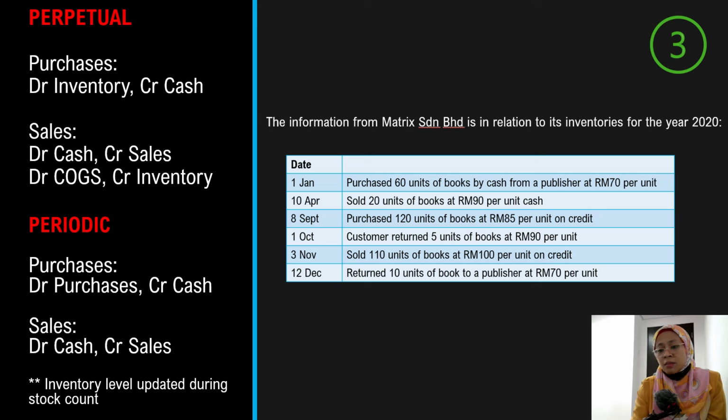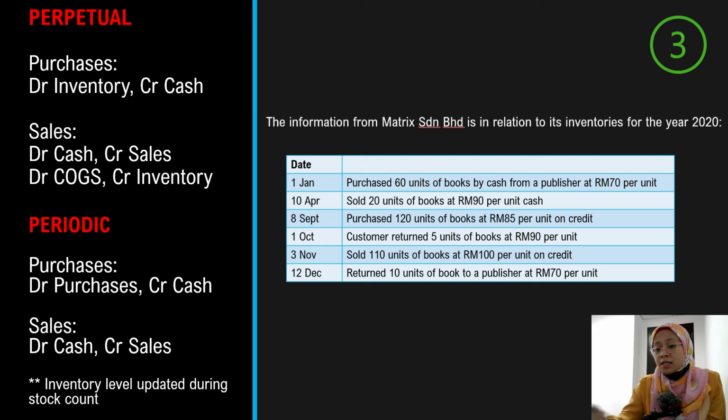Cash at credit because when we purchase our inventory, we pay. However, for periodic, when we purchase, we record it as debit purchases and credit cash. Debit purchases shows that we maintain the purchases account and we do not update the inventory account. We will only know the inventory level once we do the stock count.